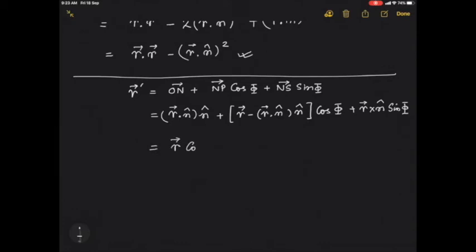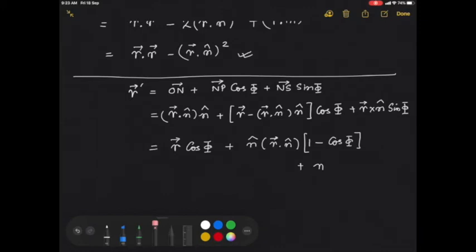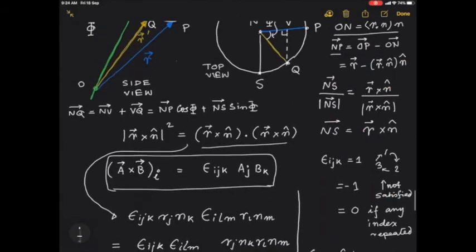Okay. Now I will rearrange this a little bit. So I have r cos phi here, which I write first. And then I take n cap, r dot n cap common. And what I get here is 1 minus cos phi, and then I think this should be n cap cross r. So let me correct that here.